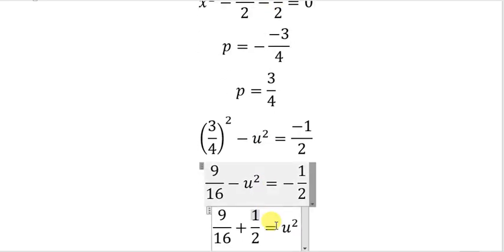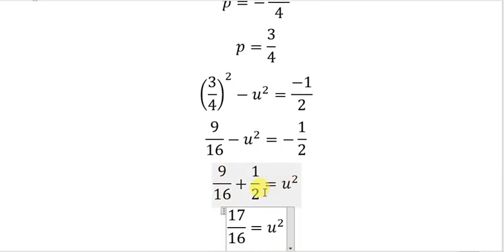The next thing we do is to group like terms. So 3 squared was 9, 4 squared is 16. Grouping like terms, we have 9 over 16 plus 1 over 2 equals u squared. So adding these fractions gives 17 over 16 equals u squared.